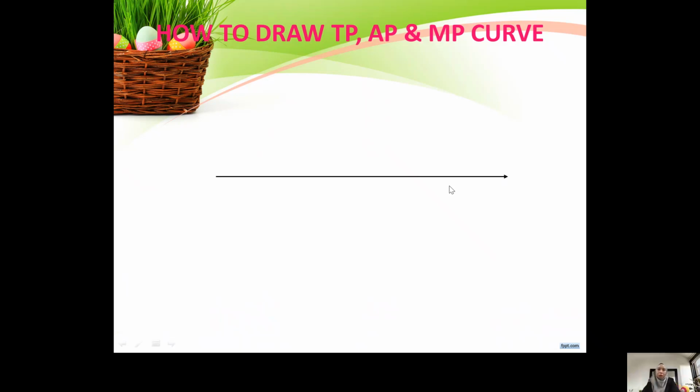In the first part, we draw the total product graph. So this one is the line for total product, and this is the x-axis. For the x-axis, you plot the value determined from the variable input, labor.